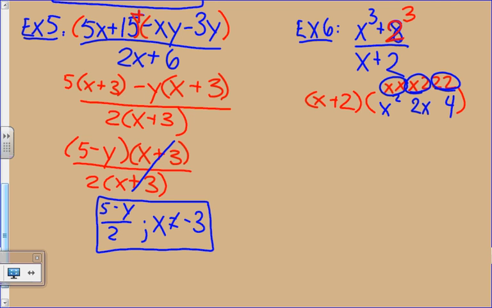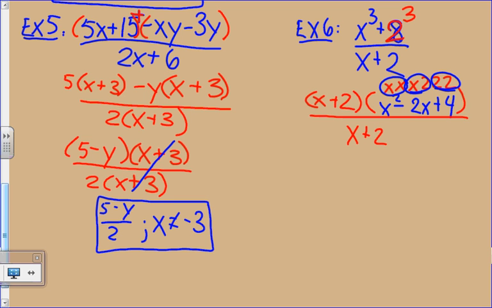What are the signs going to be? Like this. What part's wrong?